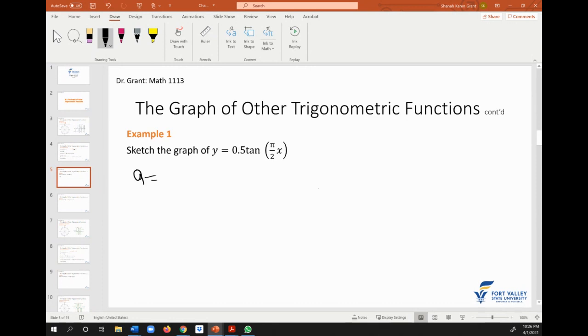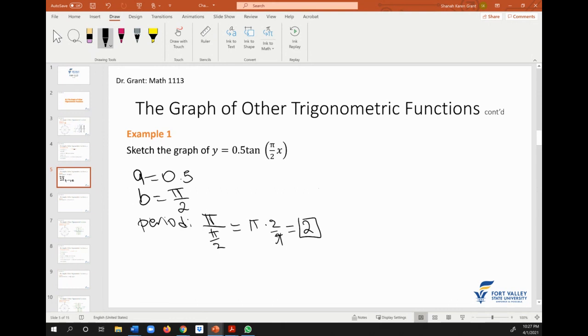Our a is going to be 0.5, and also our b is going to be pi over 2, right? Now, our period is going to be pi divided by b, which is pi over 2. Keep, change, flip gives us 2 for our period.